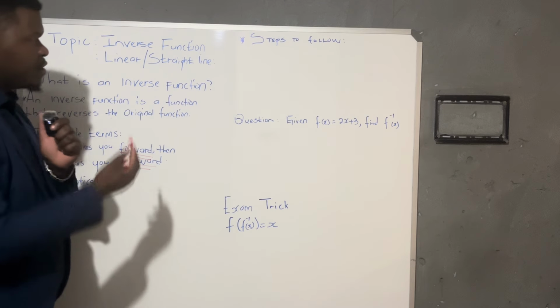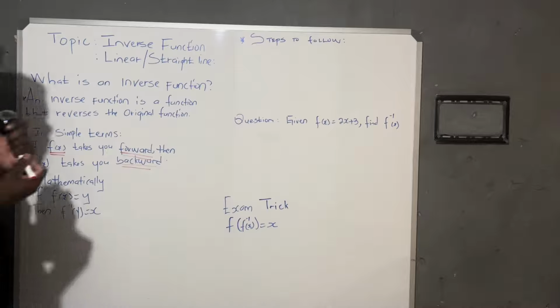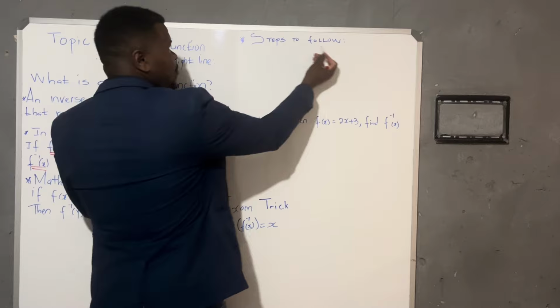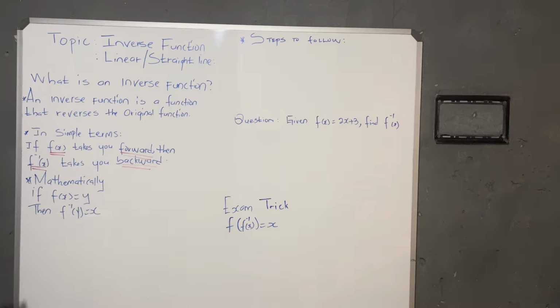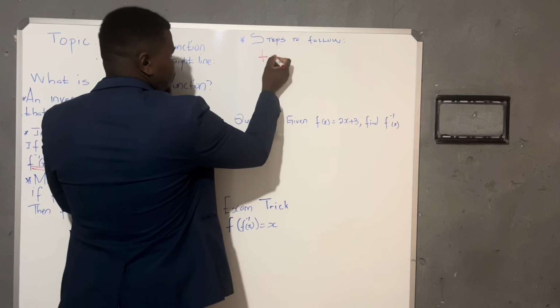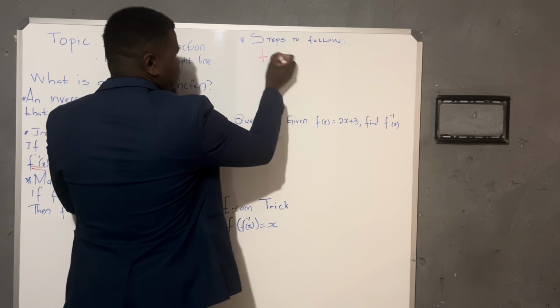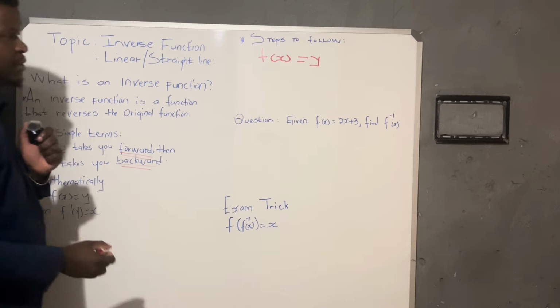Now, we've got important steps to follow when we're dealing with the inverse, which is very, very important to understand. What are the steps to follow? Step number one: know that f of x is equivalent to y. That is step number one.